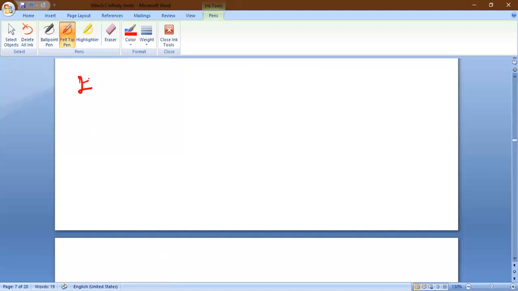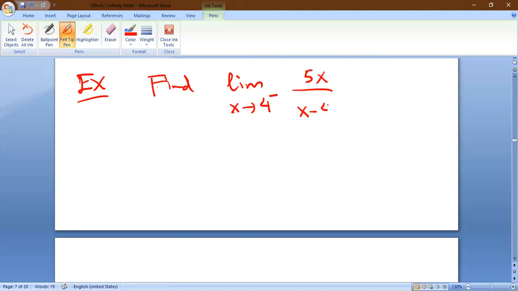Just another example. Let's say find the limit as x goes to 4 from the left of 5x over x minus 4, and find the vertical asymptote.